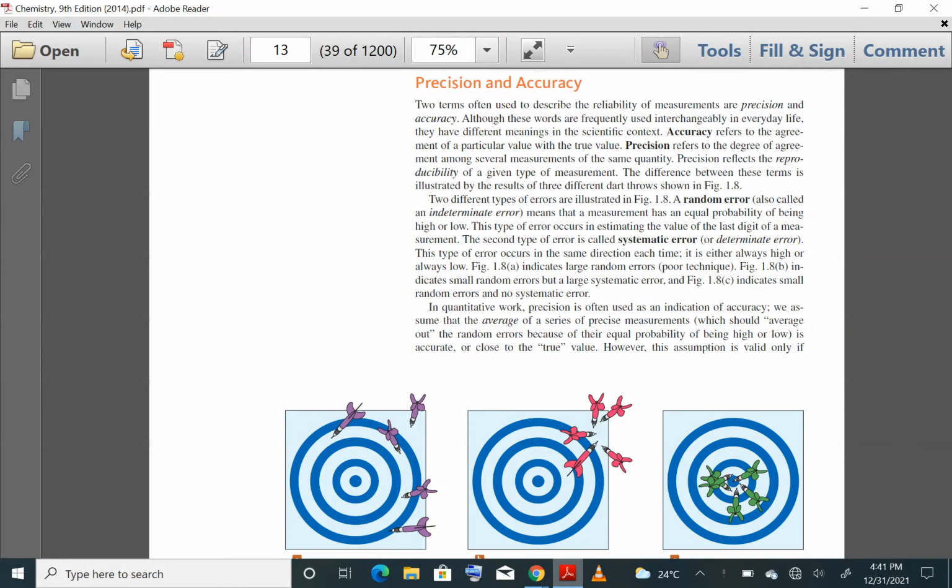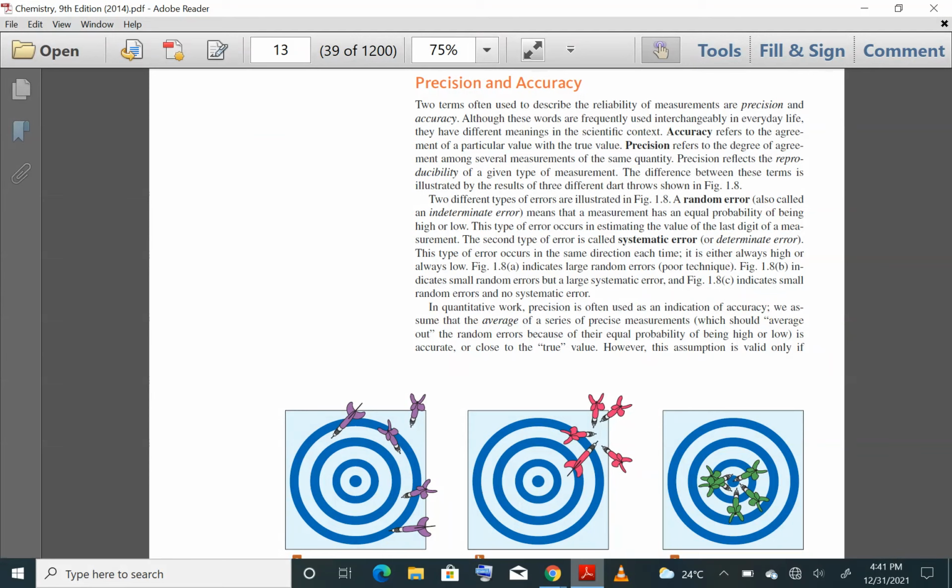For instance, if we are trying to assess the mass of a particular copper ore, and it's already been measured by very, very accurate equipment, we take that value as the true value. Then you give the same sample to different students, and each student is going to have different values.